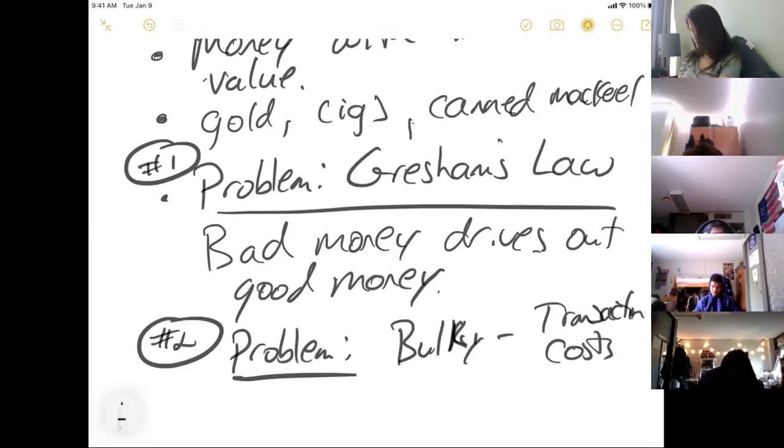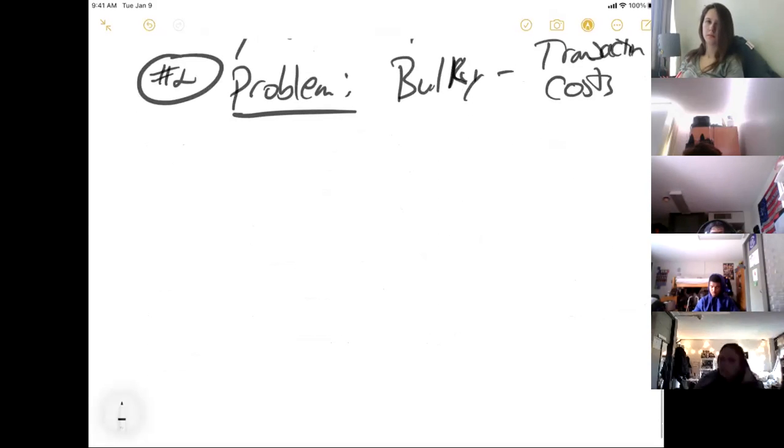So you think about gold coins, it's heavy, right? A significant amount of gold coins is very, very heavy. It's hard to transport that. So you have these two problems with commodity money. So what began to happen over time?